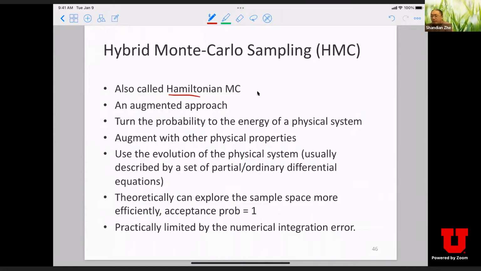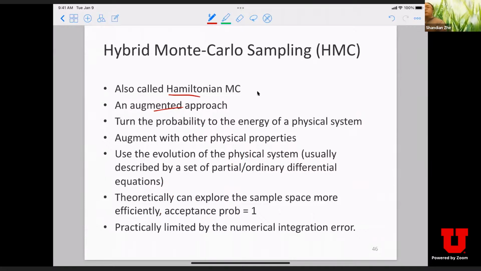They actually turn the probability into the energy of a physics system. They try to construct a physics system in a high-dimensional space where you assign some type of energy, like potential energy, as the negative log probability of the model. Then we introduce an augmented random variable to initialize the momentum variable in the system, and then you evolve that system.